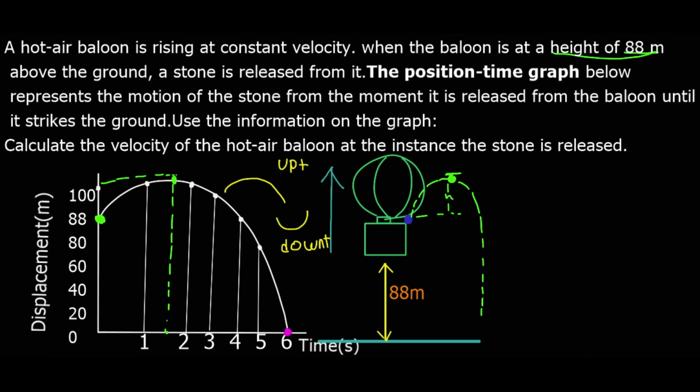We will use a formula that has the displacement and the information we have. We can use this formula. The initial velocity is what we want, remember, and we have the time when this stone goes down and hits the ground, so it is 6.